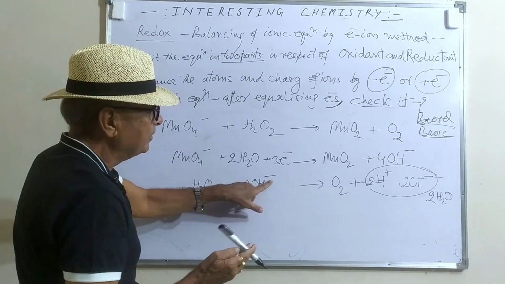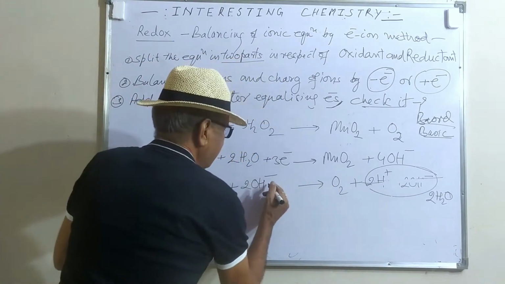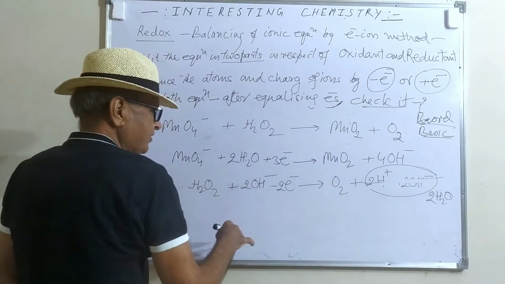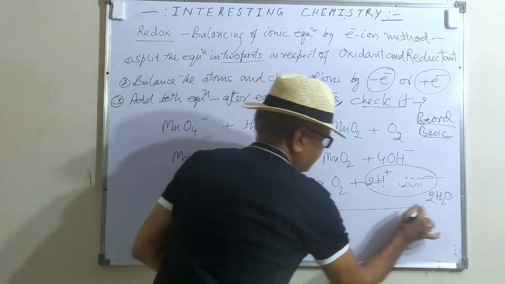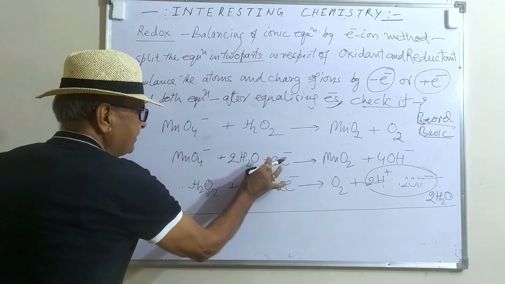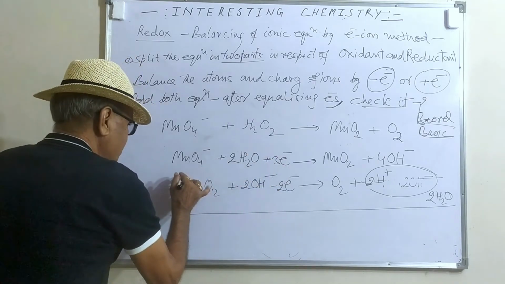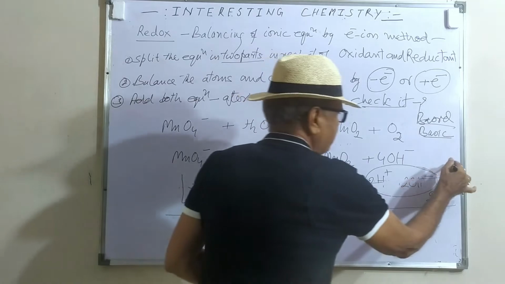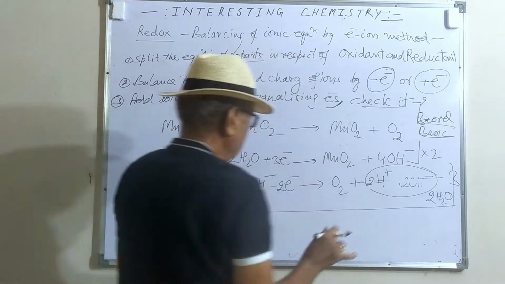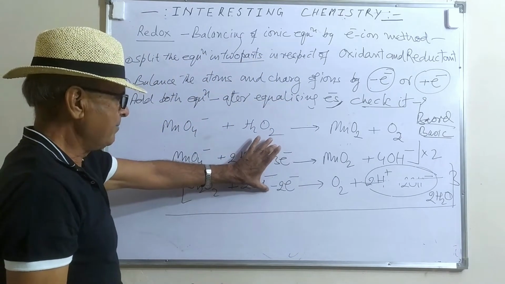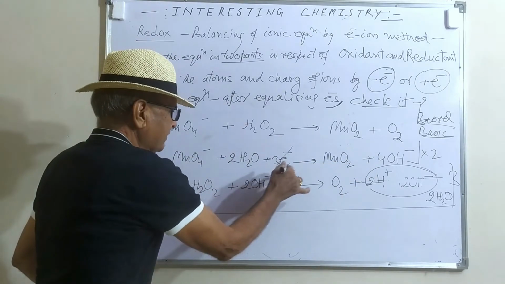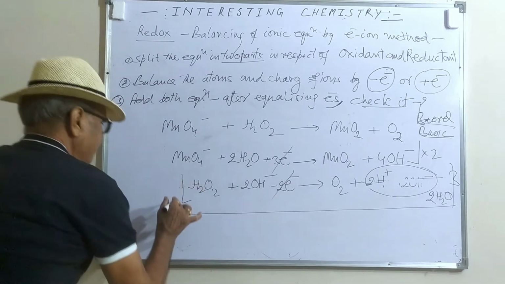Where there is no charge, write 2 electrons here. Then total it. Then here 2 and this is 3. So this equation will be multiplied by 3 and this equation by 2 to equalize the number of electrons, 2 into 6, 3 into 6. So the electrons are cancelled.